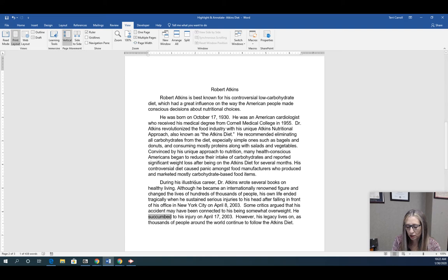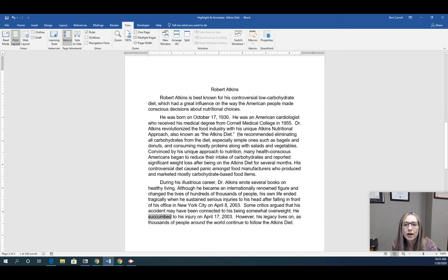So let's look now at our next method of annotation, and that is looking for steps or a process. So in reading this article, did you read anywhere in here that something that could have been the steps or a process?